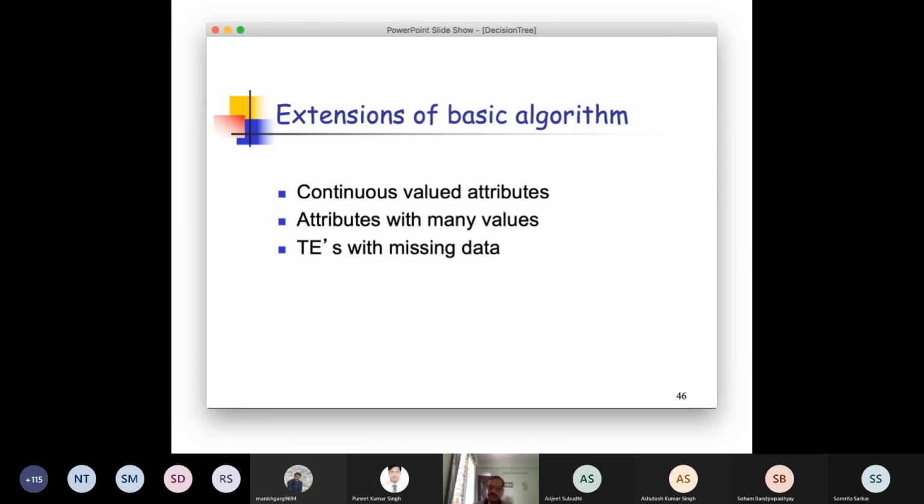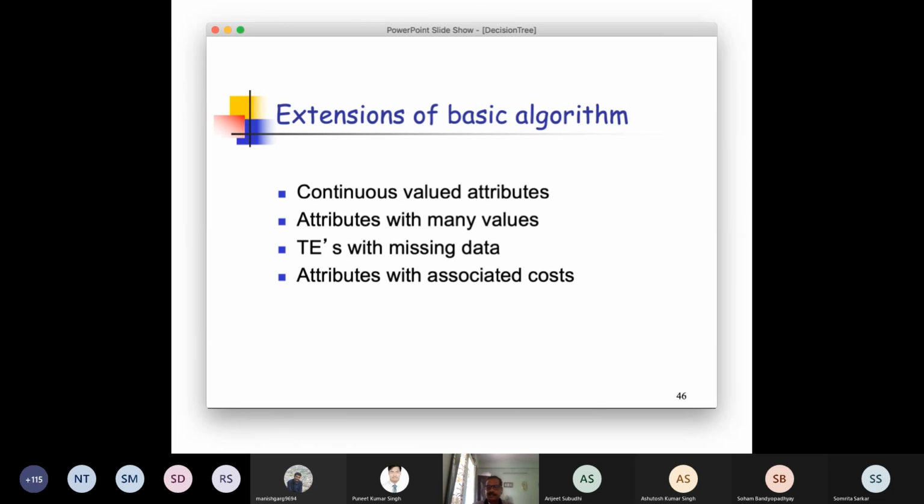You may have the outcome, but you do not know a certain attribute value. We call that missing attribute values. It is not that every training example should have values for all the attributes being considered for that example, but in some cases you may not have them. So what to do with that?